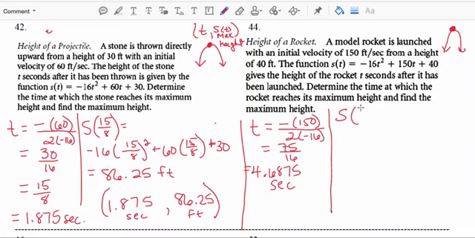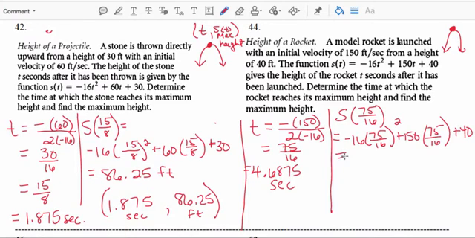Okay, so we're going to find S of 75 over 16. And that is going to equal negative 16 times 75 over 16 squared plus 150 times 75 over 16 plus 40. I barely have enough room to even write this down.